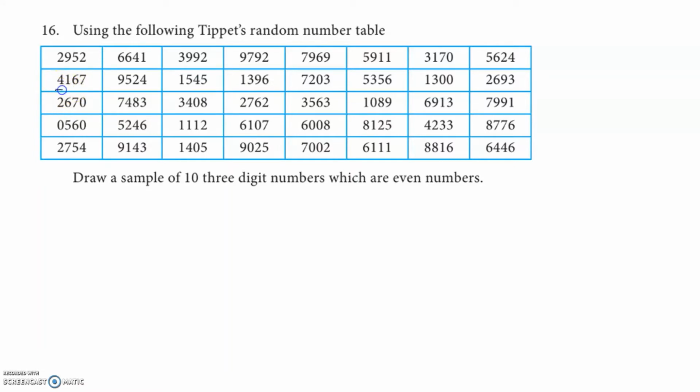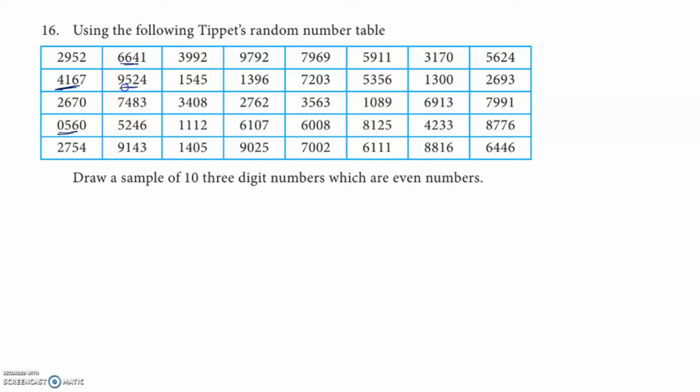Next, 267 is an odd number. We skip that. 056 is even. So we take that. 275 is odd. We skip it. Then we go here. 664 is an even number, so we take that.